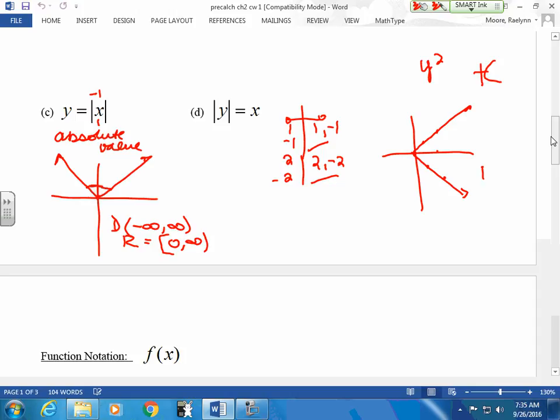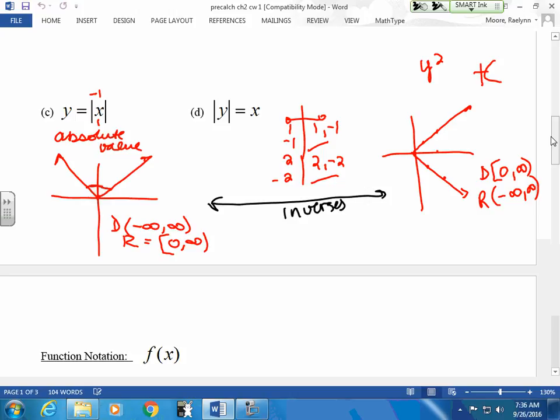What's the domain for this guy? 0 to infinity. What's the range? All real numbers. Okay. Is this a function first? No. How are these two related? They are inverses of each other.